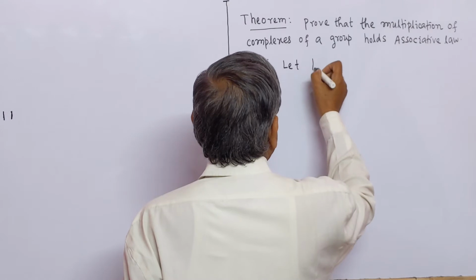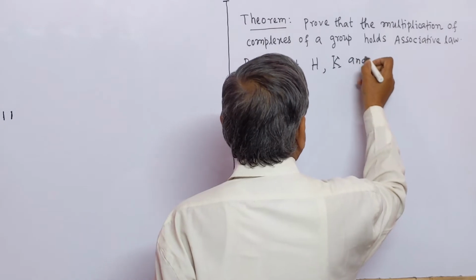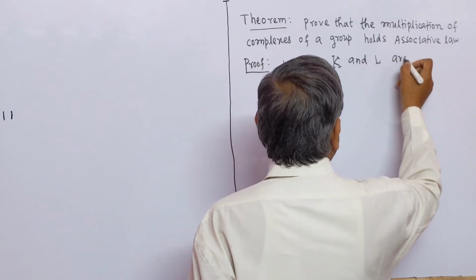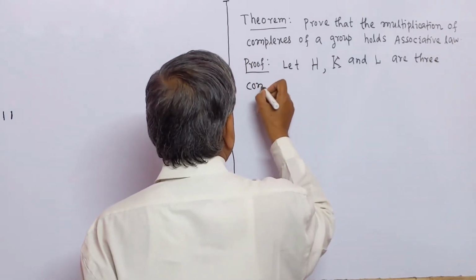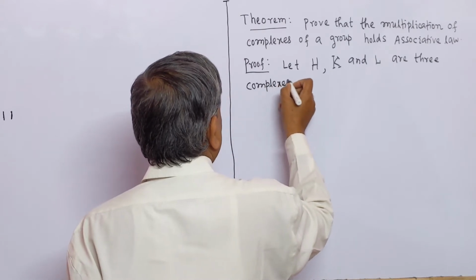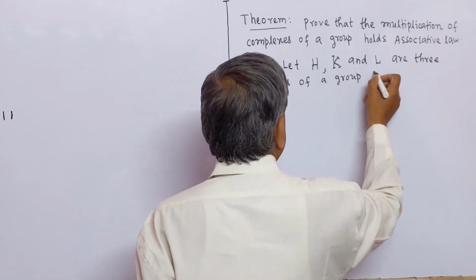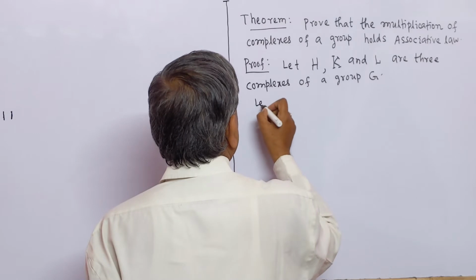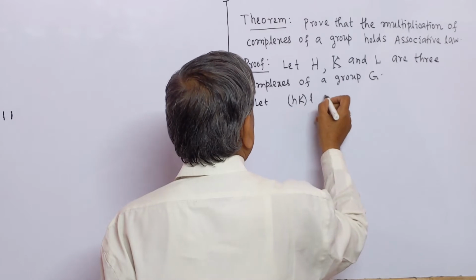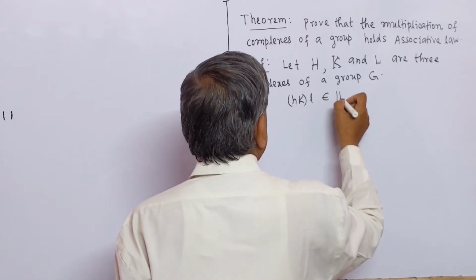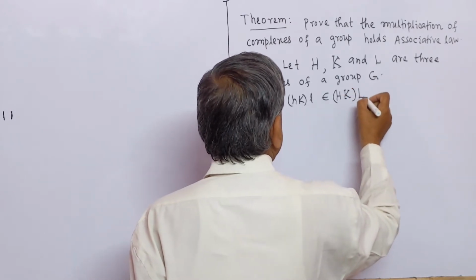Let capital H, capital K and capital L be three complexes of a group G. Let hkl belongs to (HK)L.